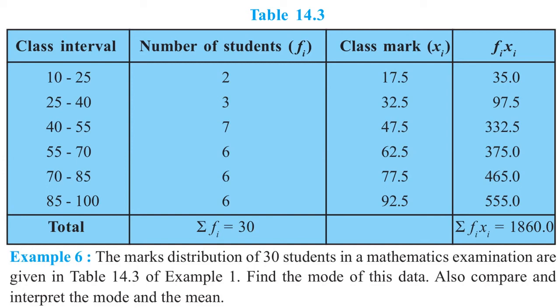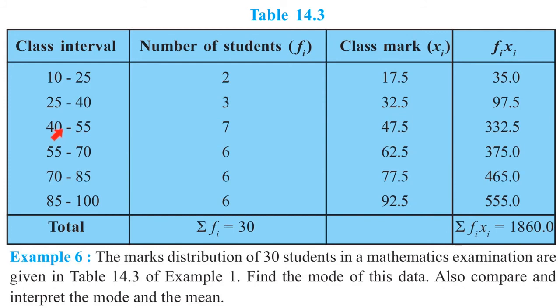So if you refer to the table, what are the maximum number of students, the maximum frequency? 7, have got marks in the interval of 40 to 45. So what is the modal class? 40 to 45. What is the lower limit of the class? 40. That is L in our variable.